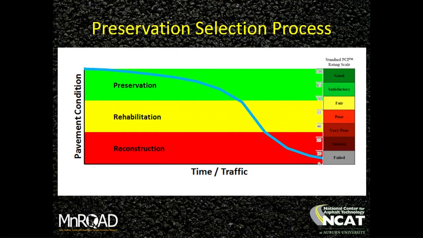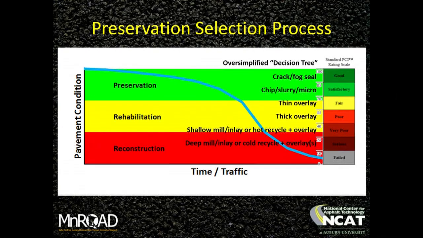If I superimpose on this the ASTM PCI scale, which goes from good to completely failed at the bottom, then if you're doing a worst-first, reactionary type of maintenance and reconstruction program, you start with the lightweight stuff up top, and as the pavement deteriorates, you go to different alternatives that cost more and more as you go deeper into the pavement structure.